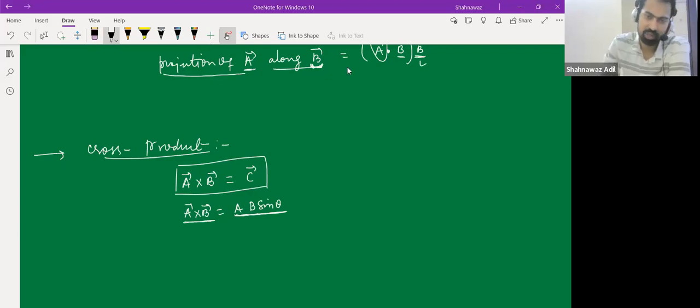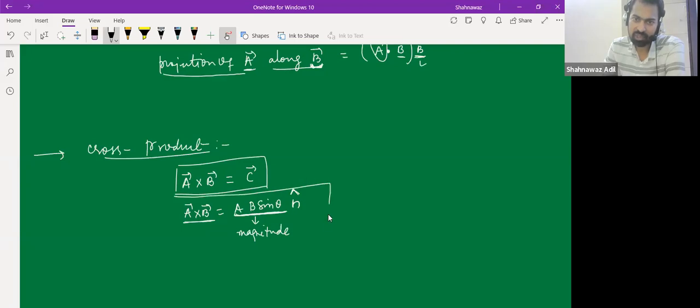So now we also need the direction, because this part tells about the magnitude, right? So we will also need direction, and this would be represented by n hat. And this completes the cross product. So this part is about magnitude and this part is about direction.